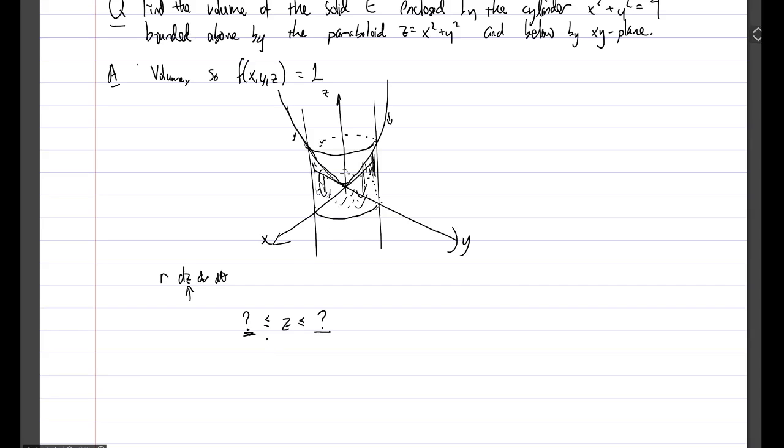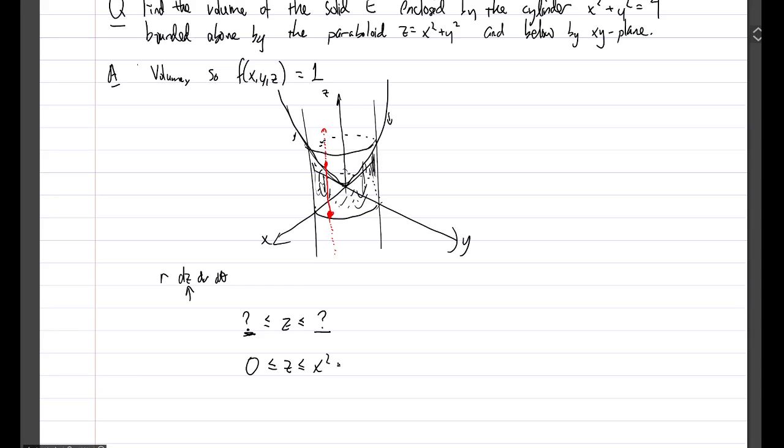So for a fixed r and theta, we come through and end up hitting right at the bottom of this circle where z is equal to 0, and then we're inside the shaded object until at some point we hit the paraboloid, and then we leave the shaded object. So this looks like we should have 0 less than or equal to z less than or equal to x squared plus y squared, because that's the equation that defines the paraboloid.